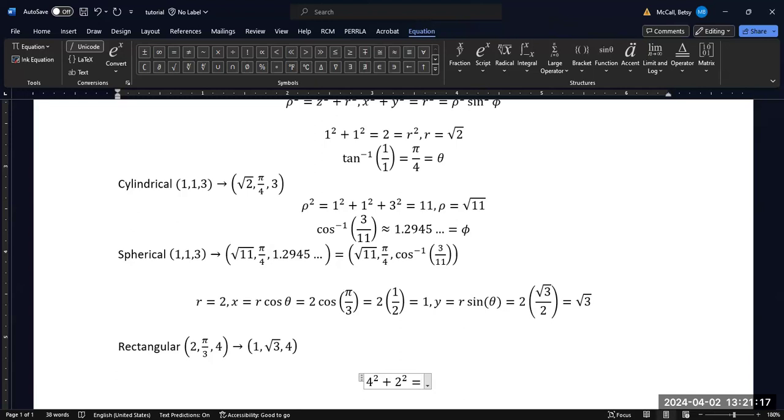And so we end up with 8 plus 4 equals 12, which is rho squared. So rho, if we simplify that a little bit, is going to be the square root of 12, which we can take a 2 out of, so this will be 2 square root of 3.